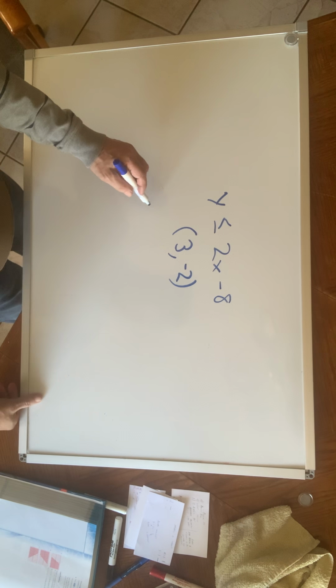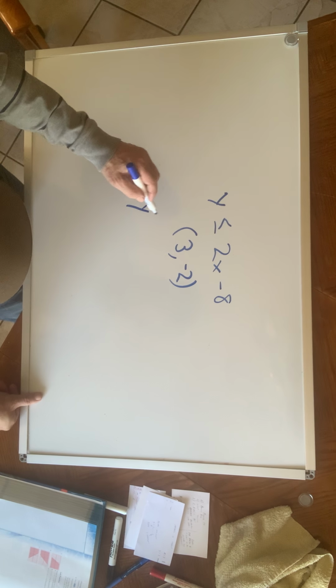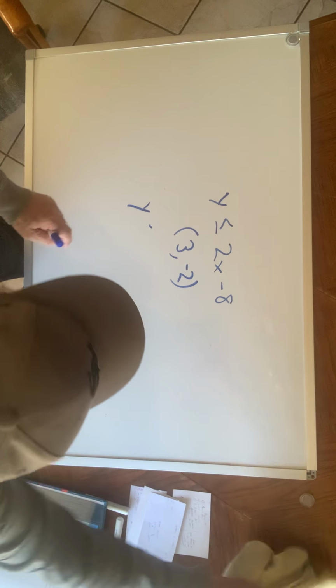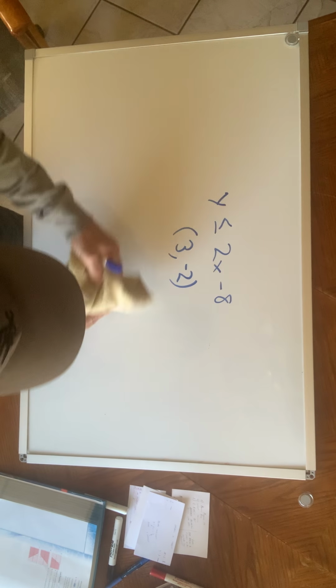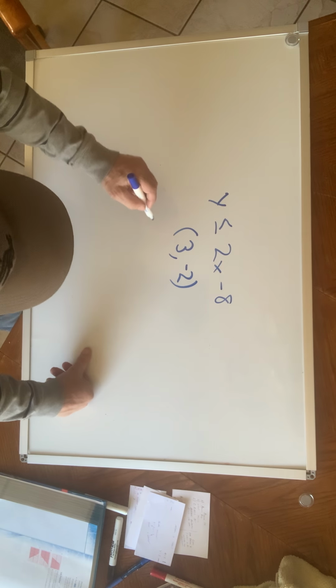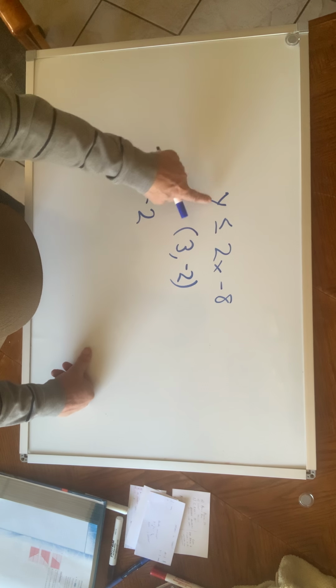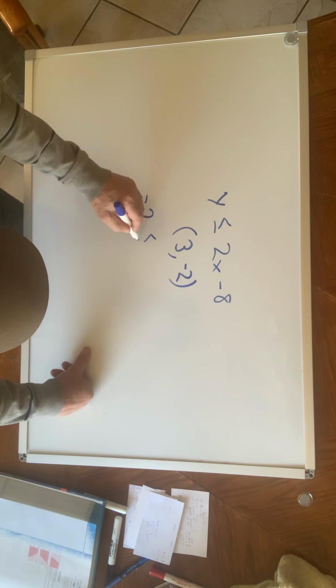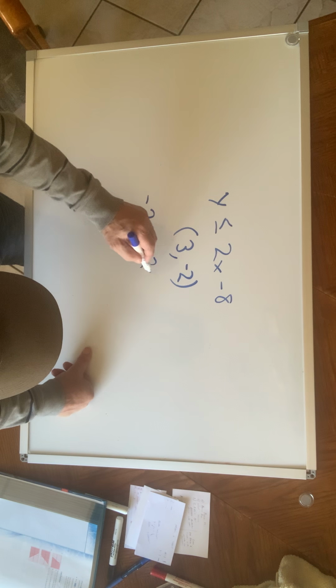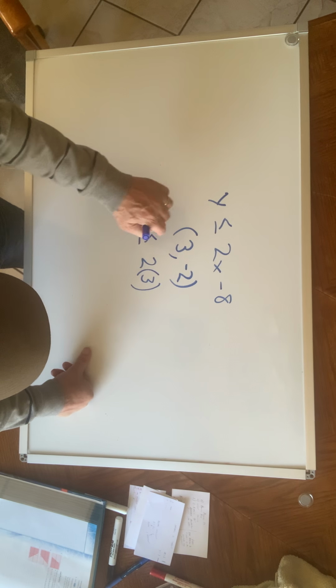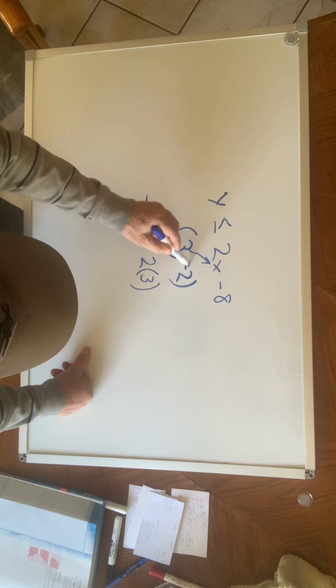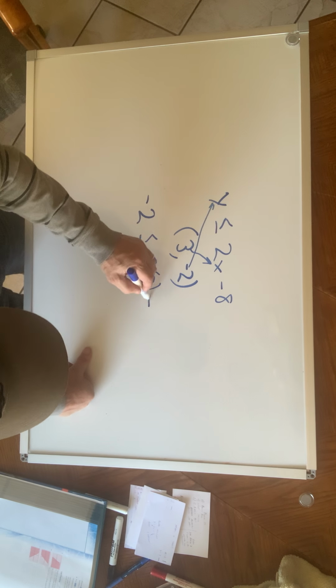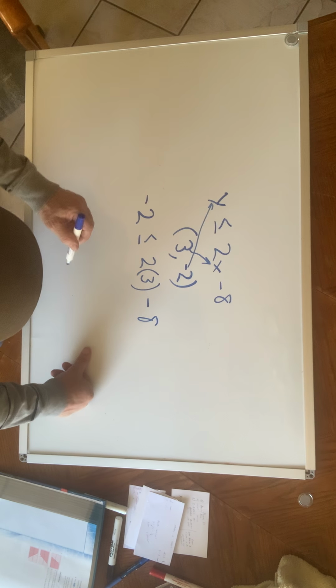All right, you should have figured out. You probably can do this one in your head. I'm going to come back. Oops. I got to plug it in. We get negative 2, which is the y, is less than or equal to 2 times 3 minus 8.